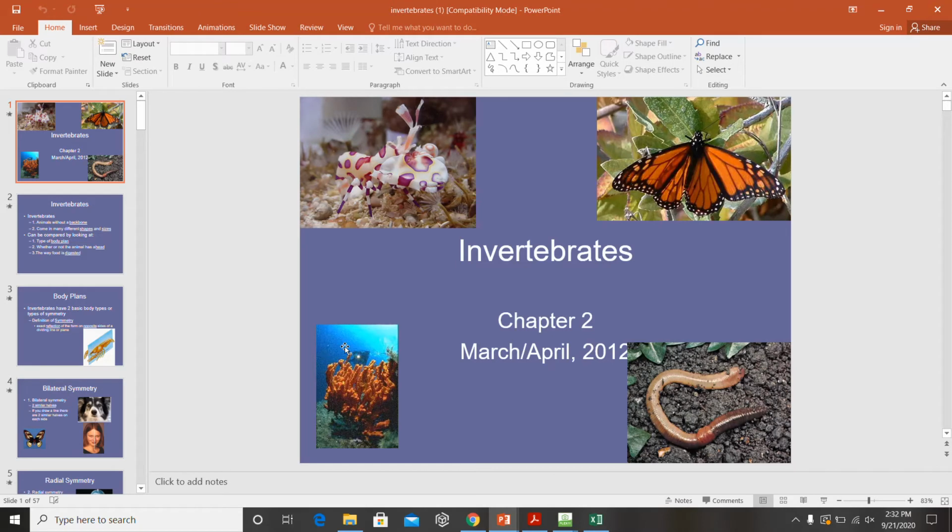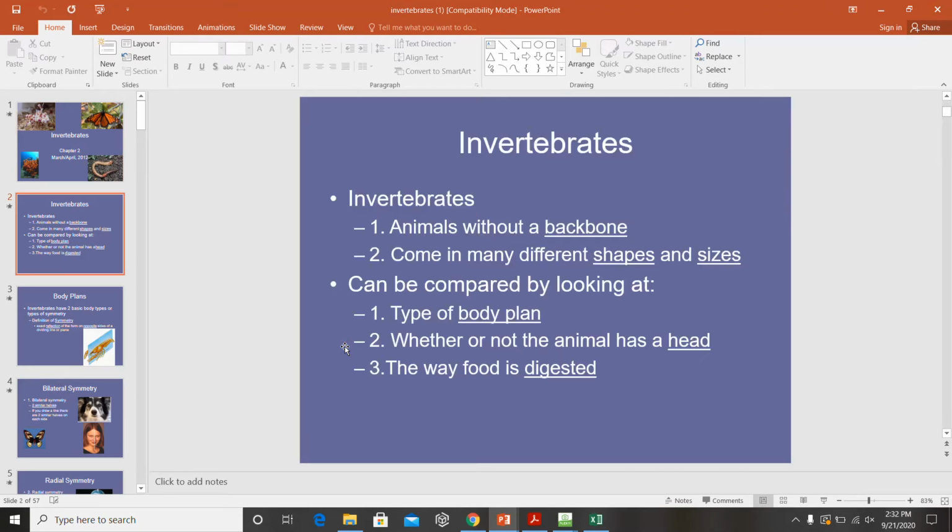So this is just a little bit about invertebrates, and it's going to cover what you need to know about the assignment. Invertebrates. Pretty sure we should have covered this information in the previous PowerPoint, but it's an animal without a backbone. They come in many different shapes and sizes, and they can be compared by looking at the type of body plan, whether or not the animal has a head, and the way food is digested.